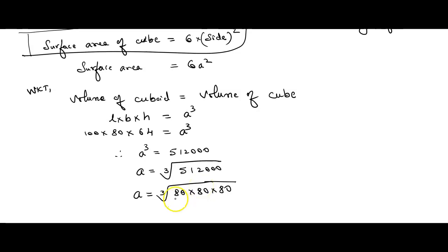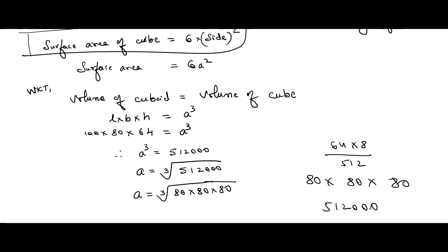Understood? 8 8 is 64. 64 into 8 is 512. That's what I said, leave 3 zeros. Now the 3 zeros remain. See here, 8 into 8 into 8. 8 8 is 64, 64 8 is 512. Now here 1 zero, here 1 zero, here 1 zero. 3 zeros. That is 5,12,000.